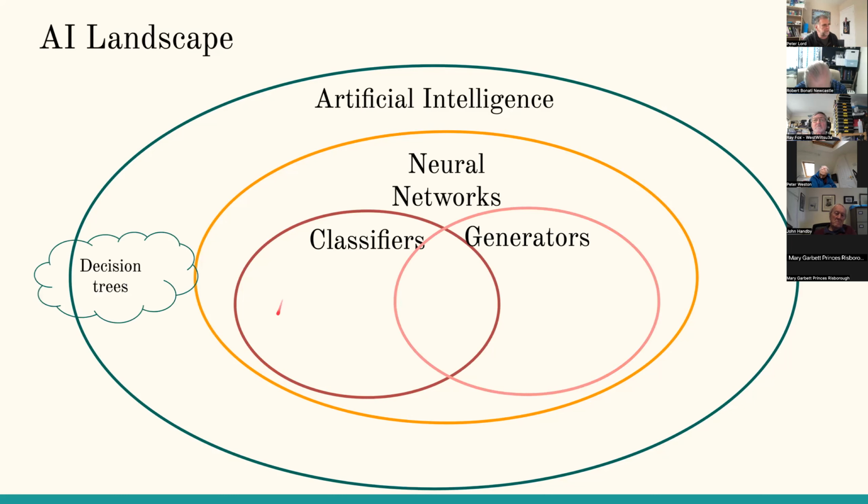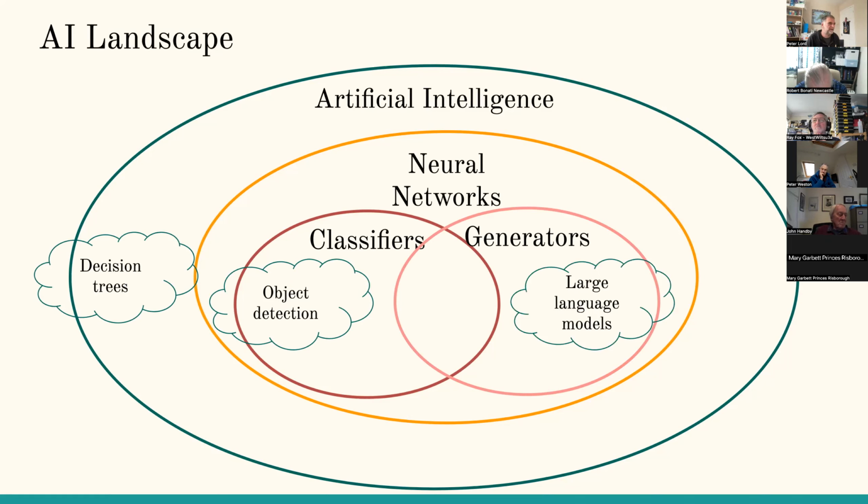Some little examples: decision trees, like spam filtering on your email box, are a form of artificial intelligence, but not typically implemented with neural networks. We can have object detection systems like bird spotting or facial recognition, which is implemented with neural networks as a classifier.